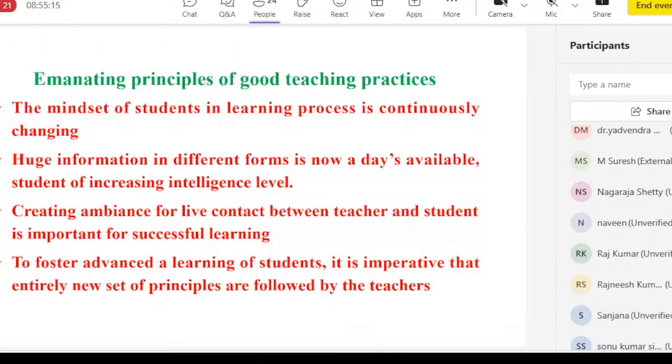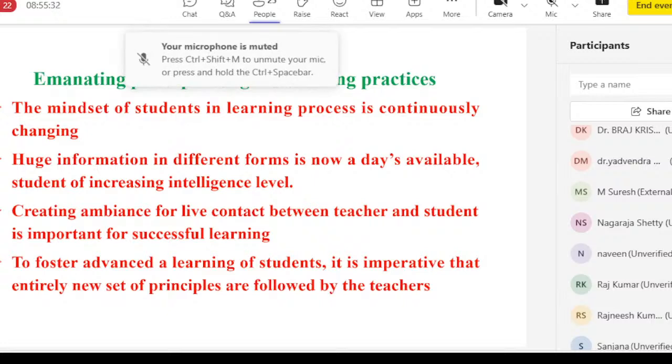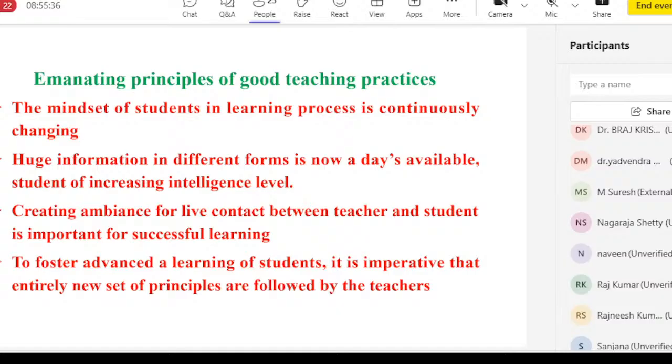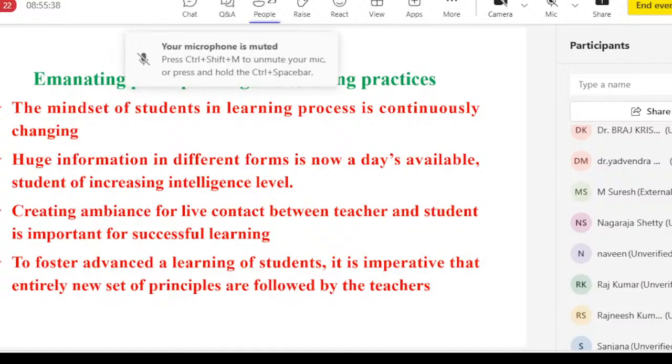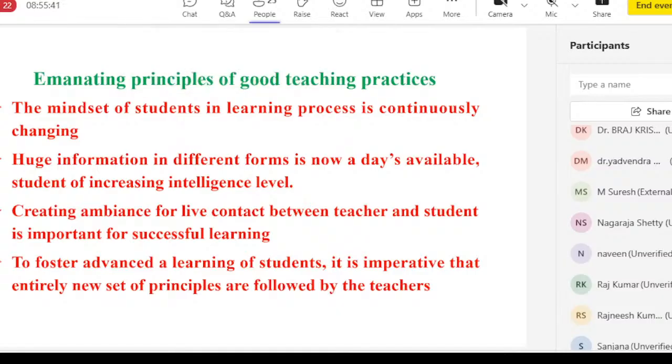Then we will now evaluate the principles of good teaching. The mindset of students in learning process is continuously changing. A very important change. That whatever learning styles or the learning propensity was there some 10 years back, there has been a sea change. Why? Because there has been a sea change in the advancement of science and technology, and they are also genetically different variety.